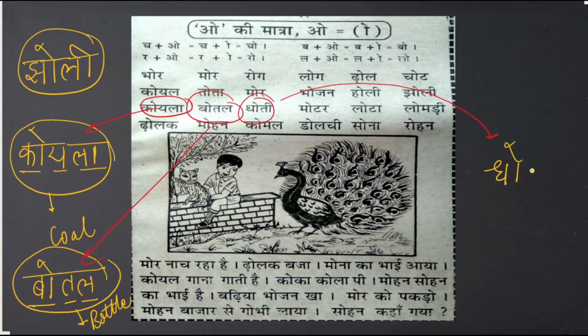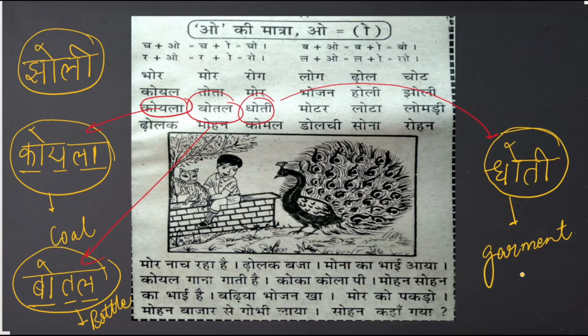Dha, the matra of O, dha, the matra of badi e. Now it became dhoti, a garment usually worn by men.